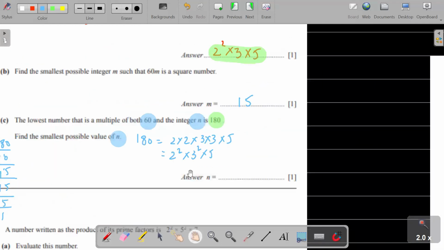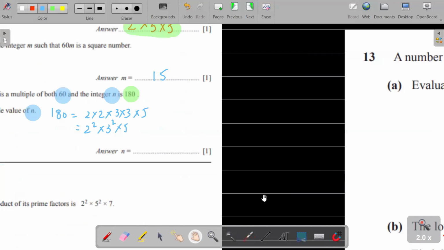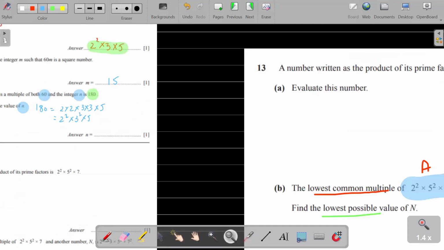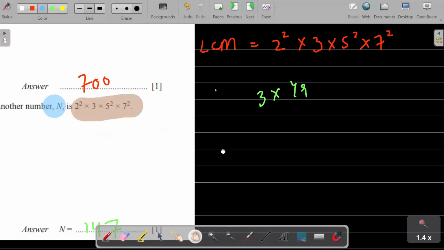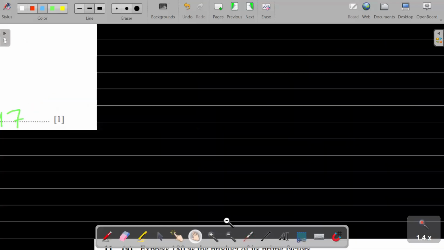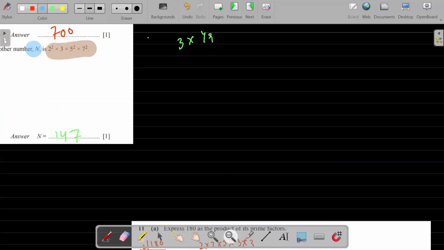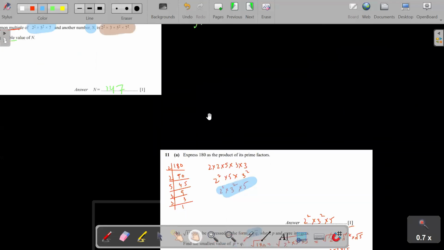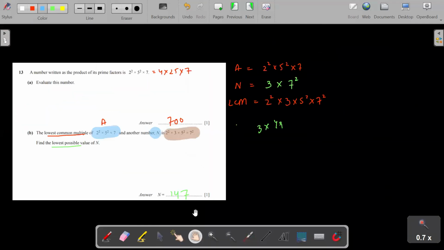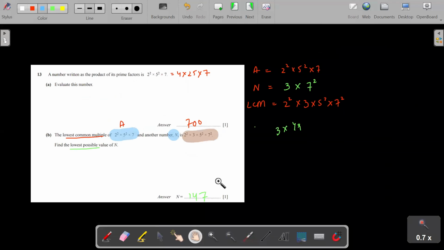Now this is a similar question to the one we have done over here. Let me show you one minute. You can see this one, this is the same question as we have done.